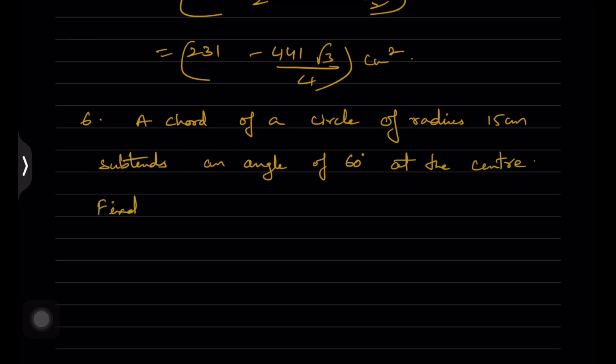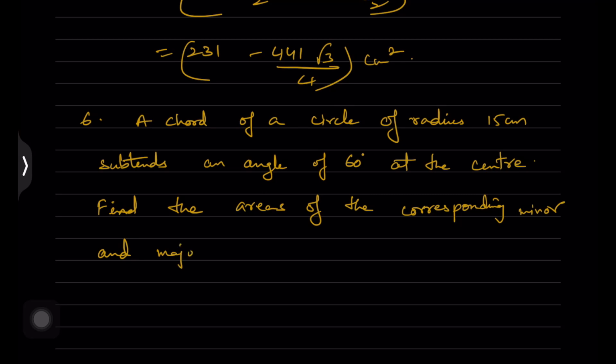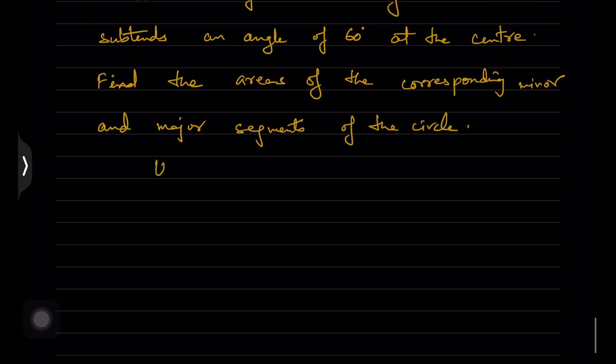Find the areas of the corresponding minor and major segments of the circle. Use pi is equal to 3.14 and root 3 is equal to 1.73.